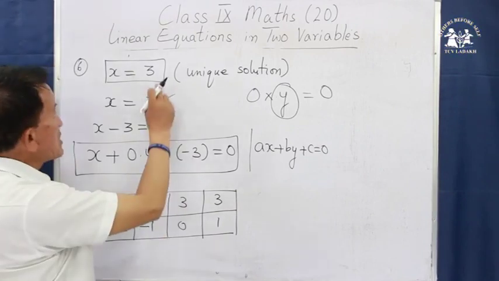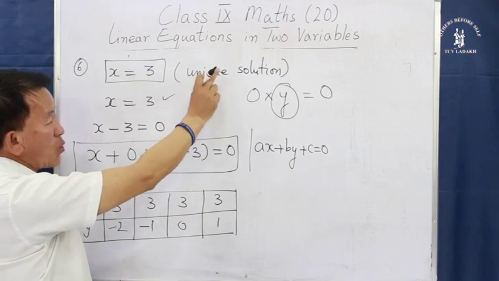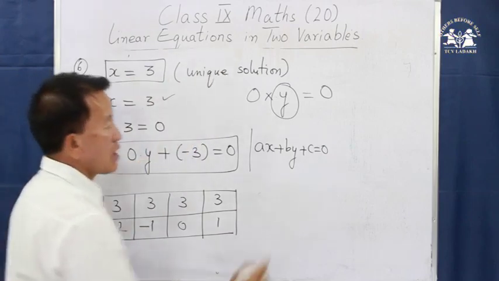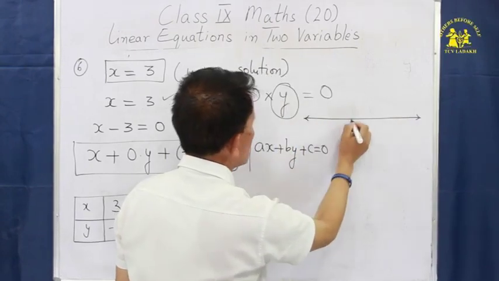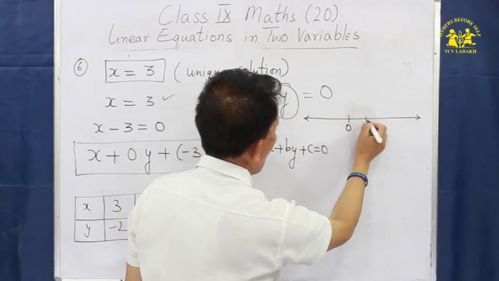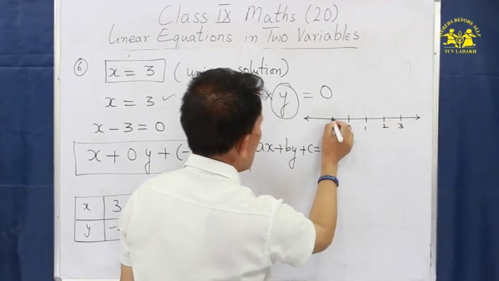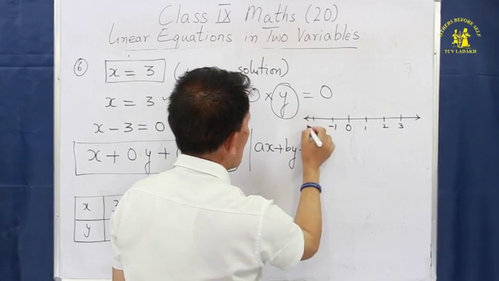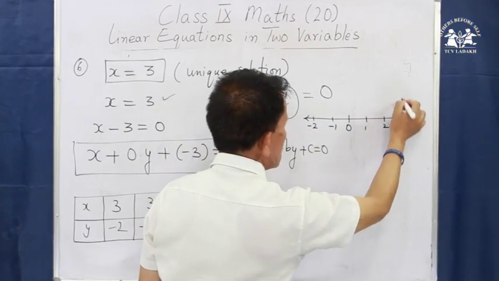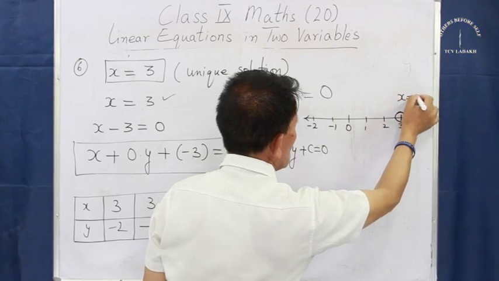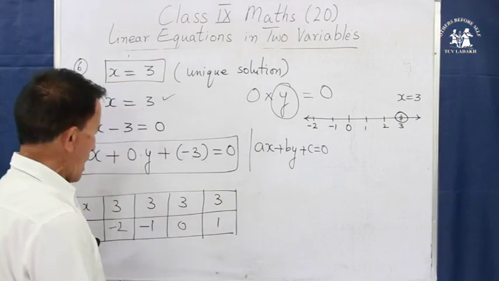So if we represent the linear equation in one variable, we can express it on a number line. So this is 0, 1, 2, 3, minus 1, minus 2. So x is equal to 3. This is x is equal to 3. So there is only one point, a unique point, solution.